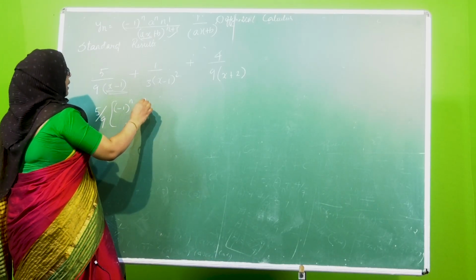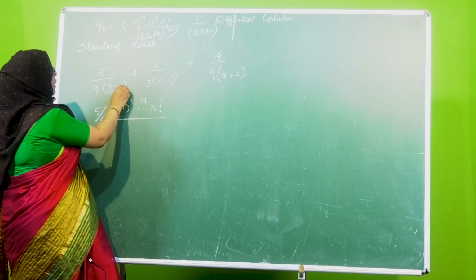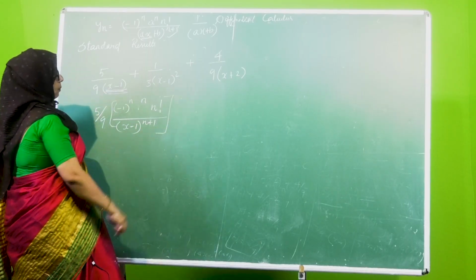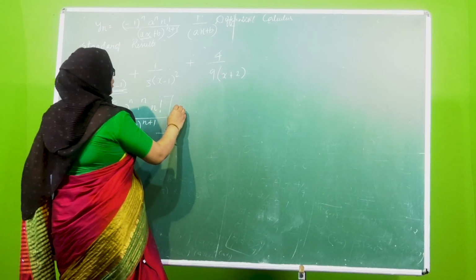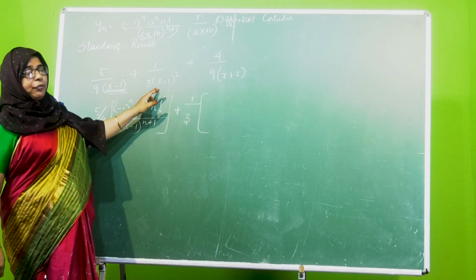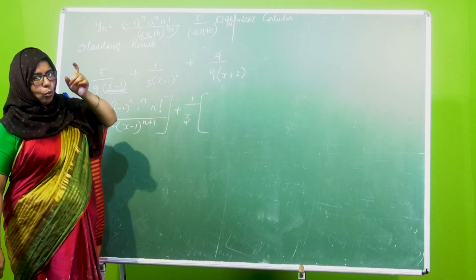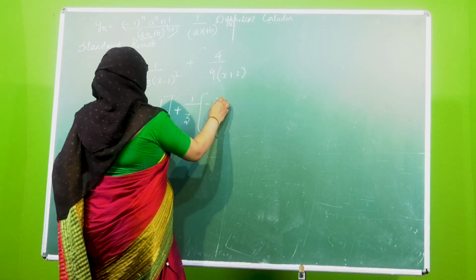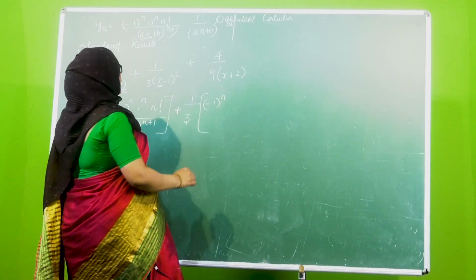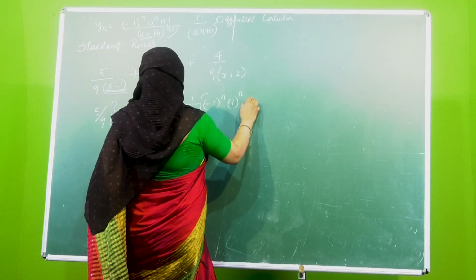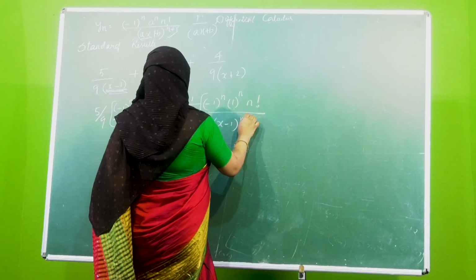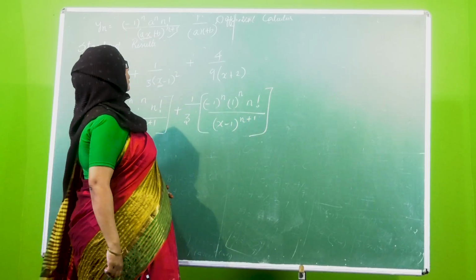So 1 power n factorial divided by (x minus 1) whole power n plus 1. Another term, 1 by 3. The coefficient of x in this term is also 1. So minus 1 whole power n, a power n factorial, that is 1 power n factorial, (x minus 1) whole power n plus 1.